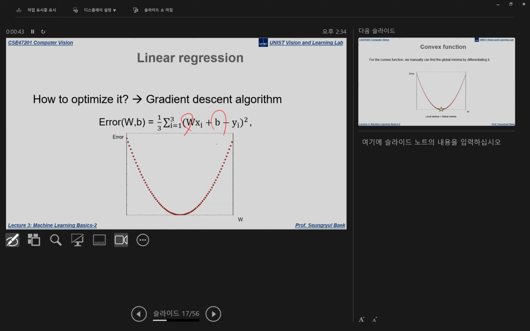It is called a linear regressor because it has the form Wx plus b, which is a linear equation. This is the simplest form, and it does the regression task.